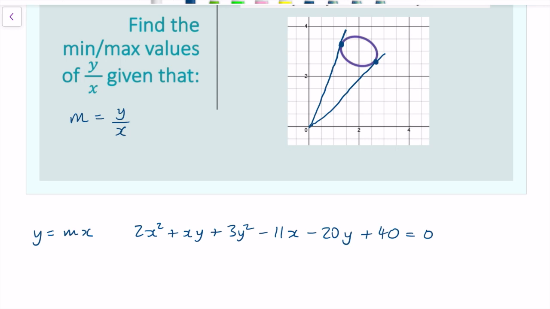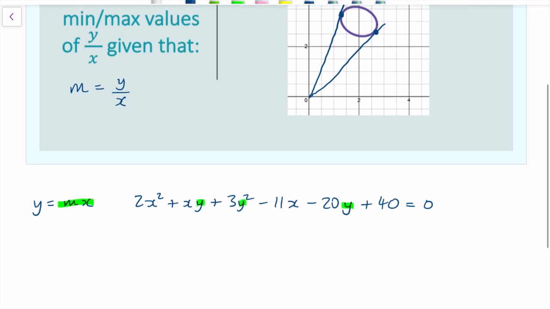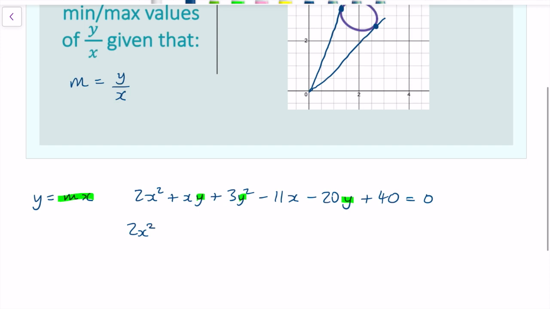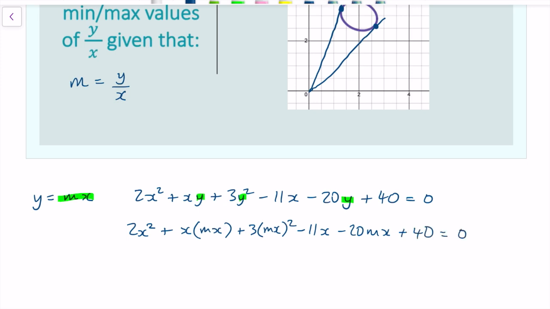So if I substitute the mx, the y equals mx, into wherever there's a y, and then what I want to do from there is simplify it.